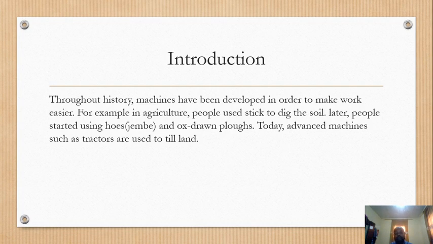Later, people started using hoes or djembe and ox-drawn plows to dig the soil. Today, advanced machines such as tractors are used to till the land. So there has been continuous development and progress in terms of using machines and the things that make work easier. So we will straight away go to discussing motion and force in particular.